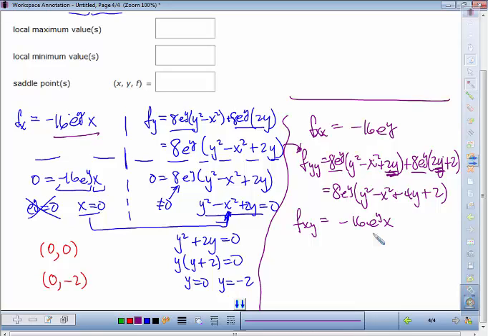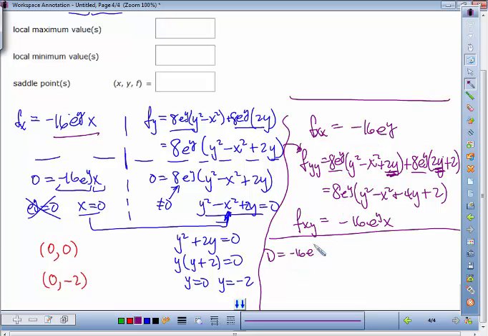All right, so our D function looks like it's going to be complicated. So fxx, negative 16 e to the y, fyy, 8 e to the y times this whole big mess, minus fxy squared. So this negative is going to be a positive after you square it.